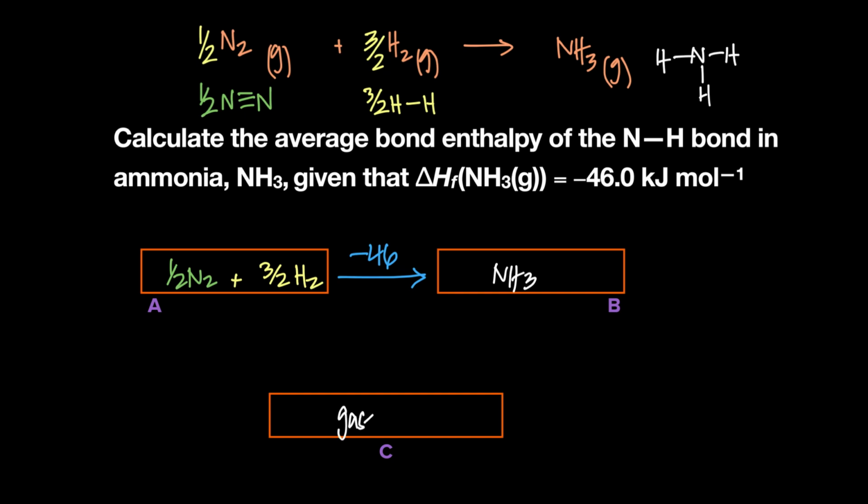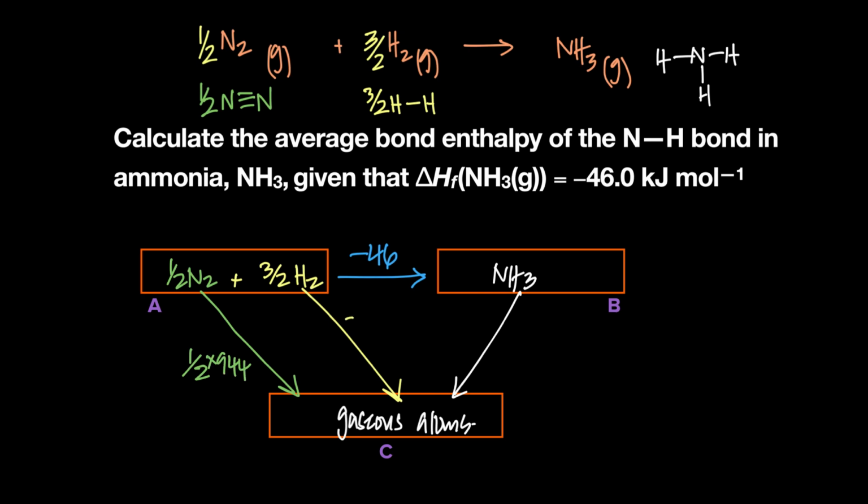And in C we have gaseous atoms. Then there's an arrow from A to C, another arrow from A to C again, and an arrow from B to C. The first A to C arrow is half the nitrogen-nitrogen triple bond energy, which is in the first table, 944, so this is half of 944.